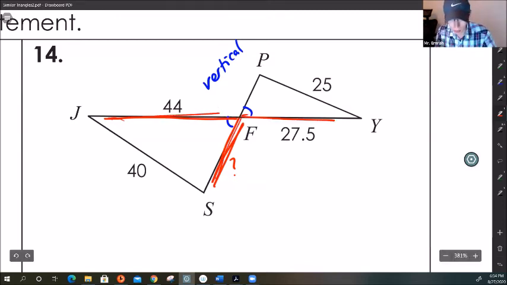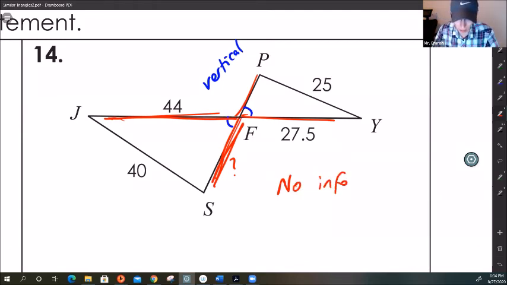And I know this side, but I don't know this side on the other one. So I cannot even use side angle side here. So I will say no. Actually, I just have no information. Not enough. I don't have enough information to claim that these are similar to each other.